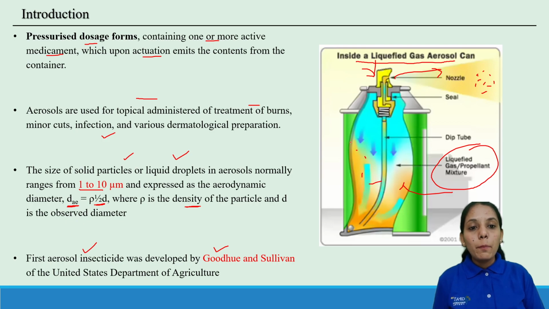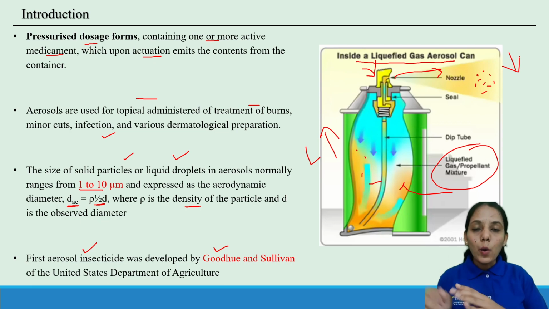Because inside the pressure is high, it is in the liquefied state, liquefied gas, but when you press the nozzle, the atmospheric pressure is less, it will convert into gaseous form. So that is the reason whenever you spray something, for example analgesic spray, inside it is liquefied, whenever it comes outside it will be in the form of droplets.